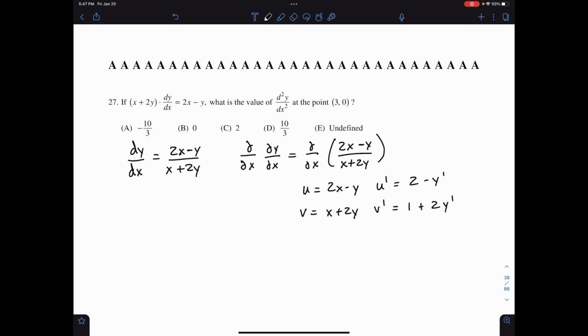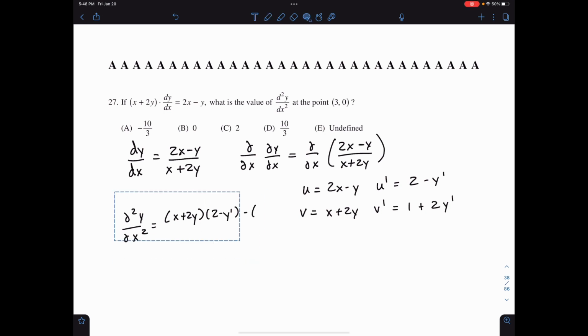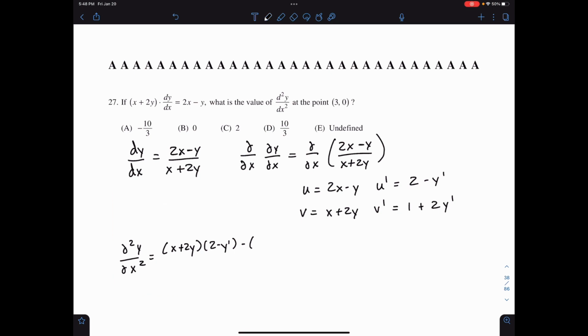Okay, so now my d squared y over dx squared, using that quotient rule, is the bottom, so x plus 2y, times the derivative of the top, which is 2 minus y prime, minus the top, so it's 2x minus y, times the derivative of the bottom, 1 plus 2y prime, all over the bottom squared, which is (x plus 2y) squared.